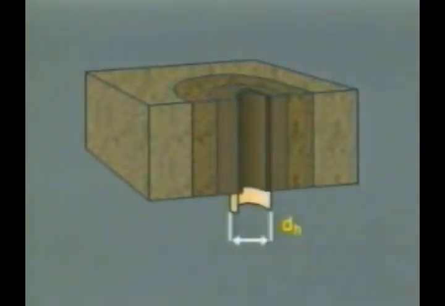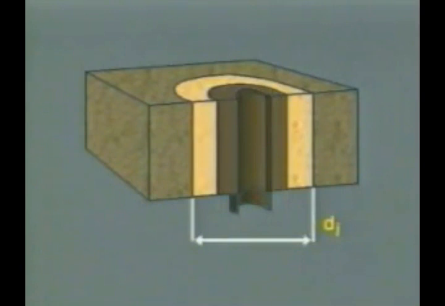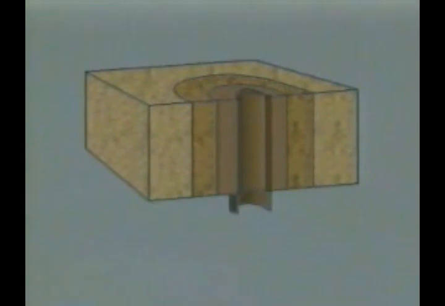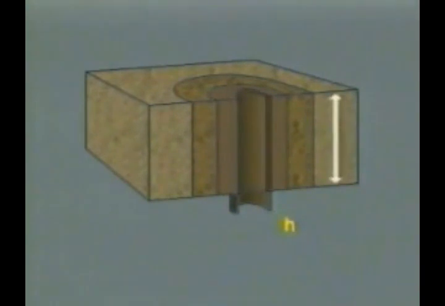But for now, let's introduce the symbols for various properties of the four zones. For example, the diameter of the hole is designated D sub H. The diameter of the invaded or flushed zone is D sub I. And the diameter of the transition zone is D sub J. Thicknesses also receive symbols, such as the mud cake, H sub MC, and the bed being logged, H. If we use this same downhole setting and look only at fluid saturation, we'll see that another set of symbols is needed.